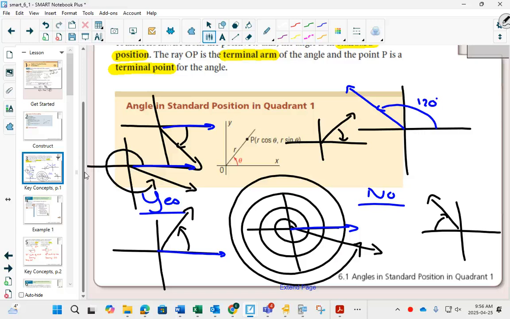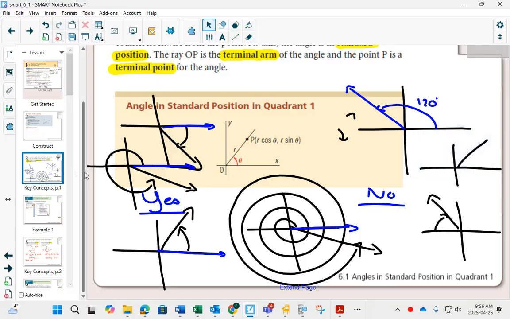That's another no, because the arrow's in the wrong direction. It has to start on the positive x-axis. And actually, we talk about angles going counterclockwise as positive angles, like this 120. The first one that you got wrong, which was this one here, this could be like minus 60 degrees. That would still be in standard position.